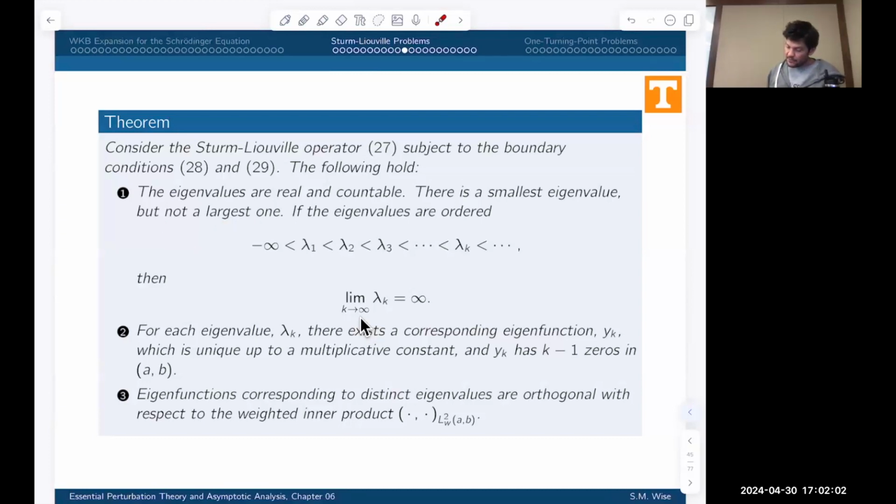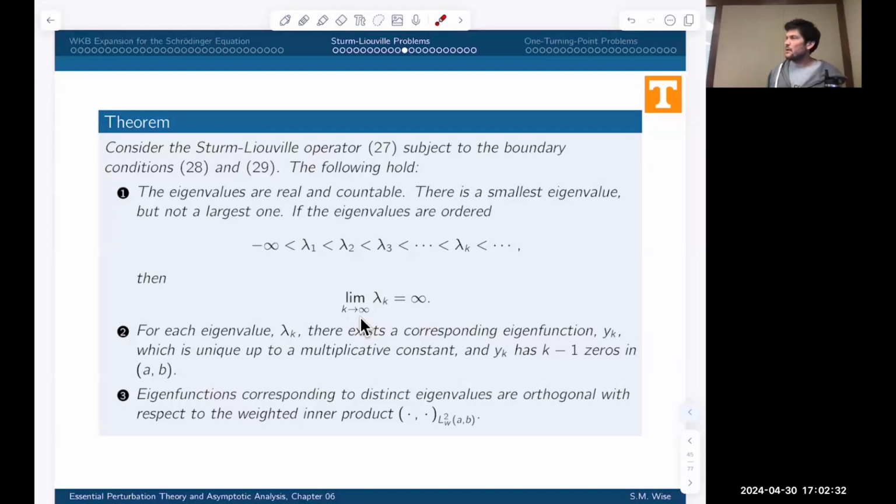If the eigenvalues are ordered by stacking them, lambda 1 being the smallest, lambda 2 being the next smallest, and so on, then the limit as k goes to infinity of lambda k is infinity. In other words, there is no largest eigenvalue, or you could say the largest eigenvalue is in some sense infinity.